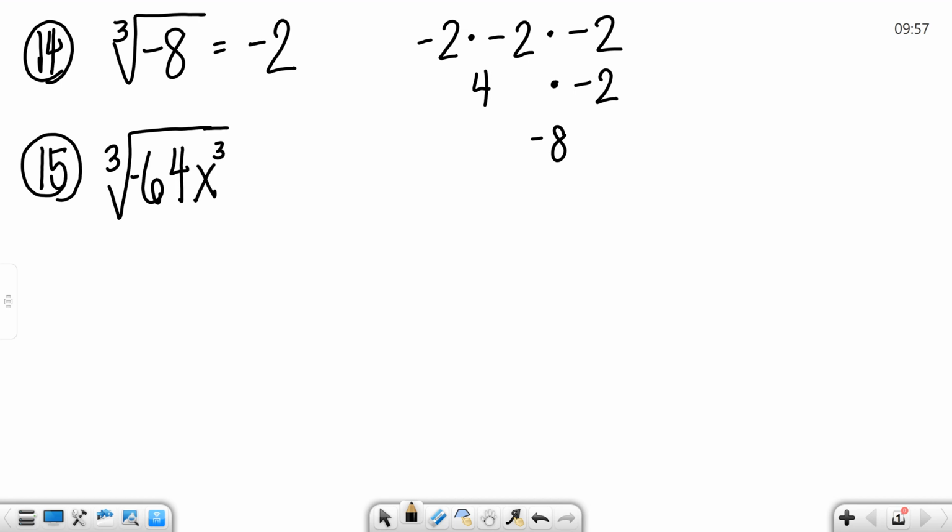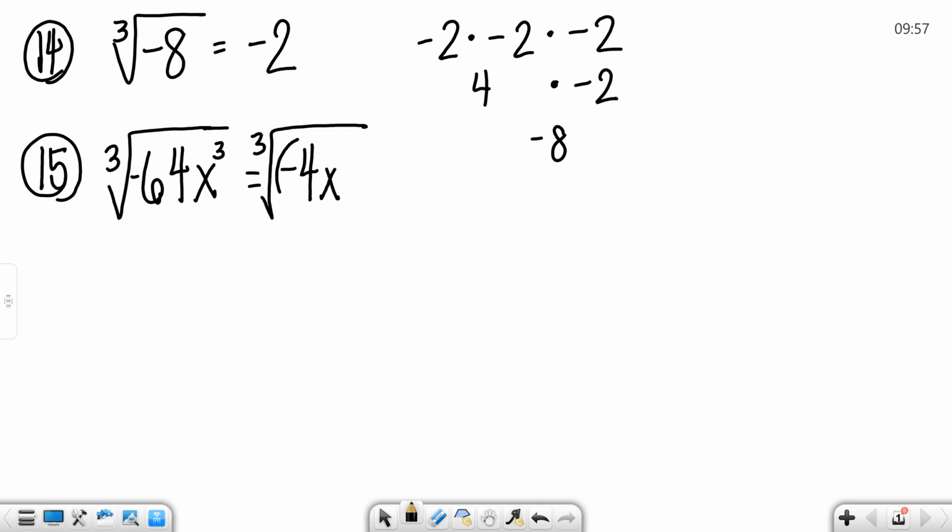Let's do the cube root of -64x cubed. So I'm looking for something that when I multiply by itself 3 times, I get -64. Well, that number is -4x.